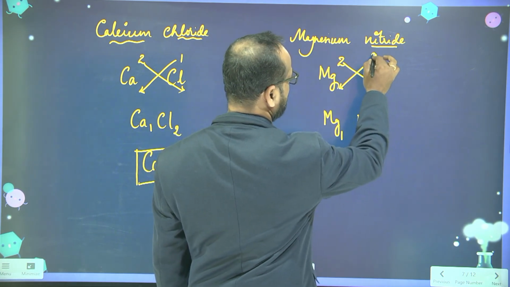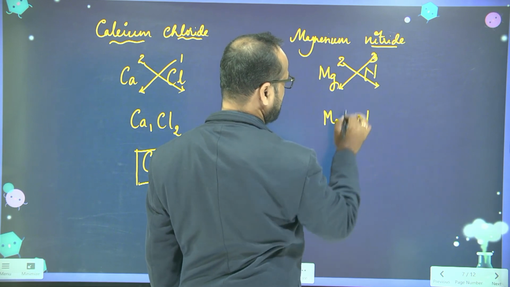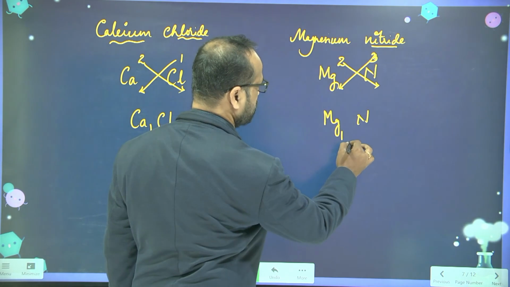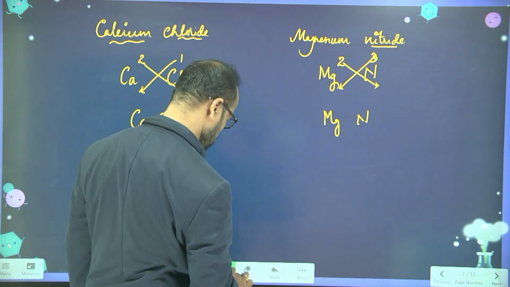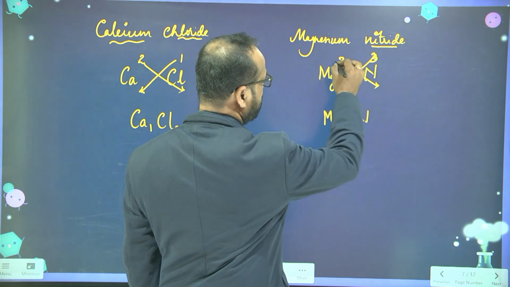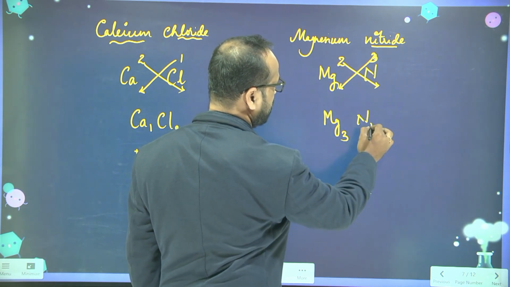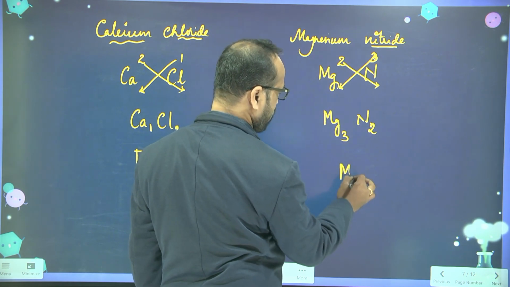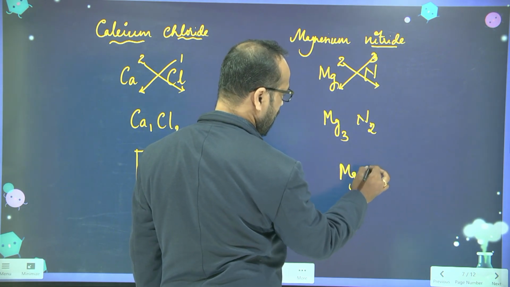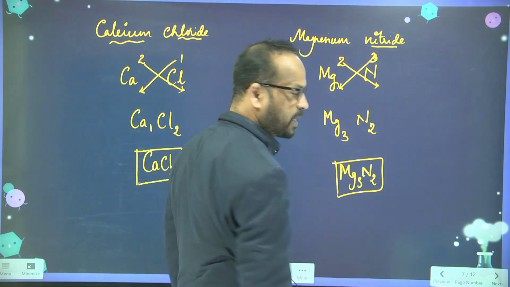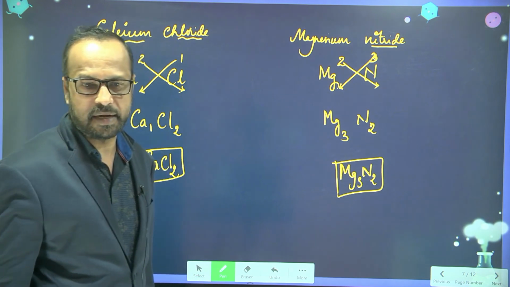So write the 3 here and magnesium valency bring to the nitrogen, that is 2. So is there any common factor? No. So you can write the formula directly, Mg3N2. So this is the formula of magnesium nitride.